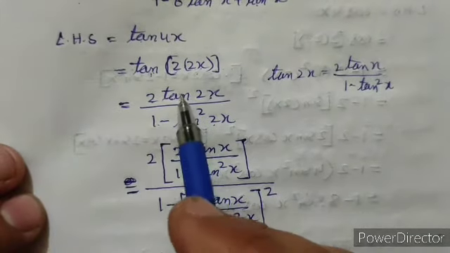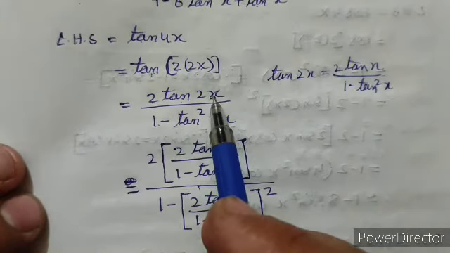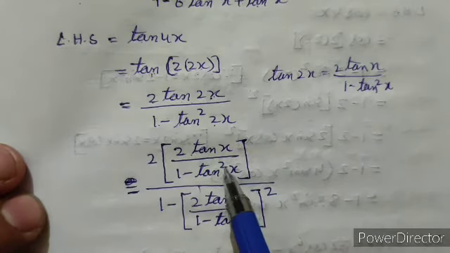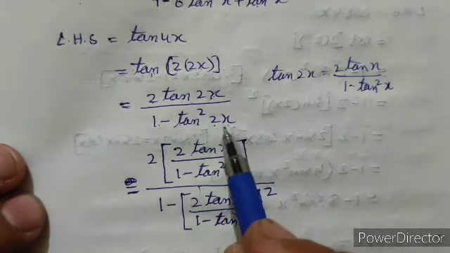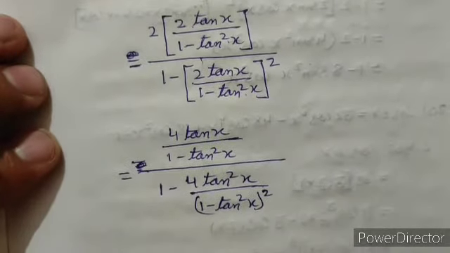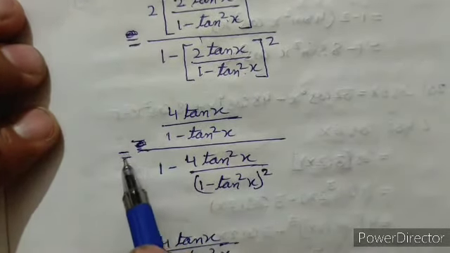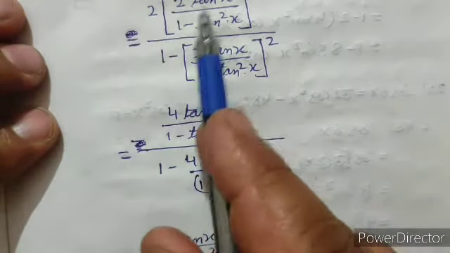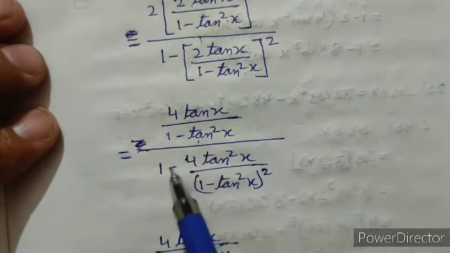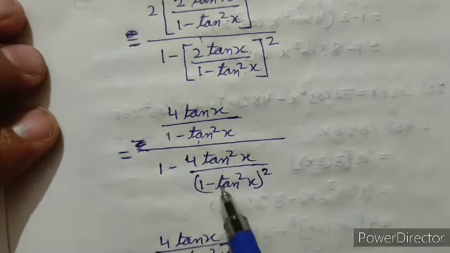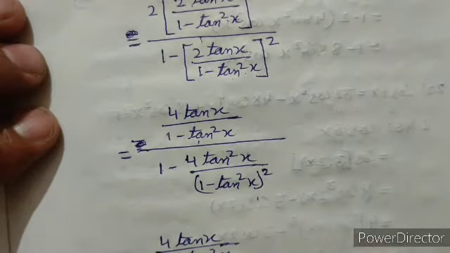Now again this tan 2x can be written as 2 tan x upon 1 minus tan square x, and in the denominator also tan 2x can be written as 2 tan x upon 1 minus tan square x, which on solving will be equal to 4 tan x upon (1 minus tan square x) upon 1 minus 4 tan square x upon (1 minus tan square x) whole square.